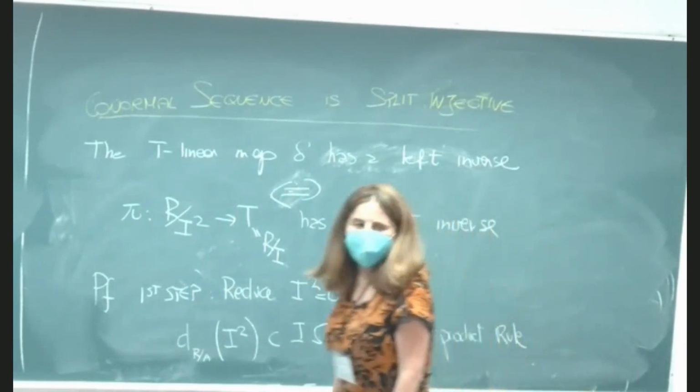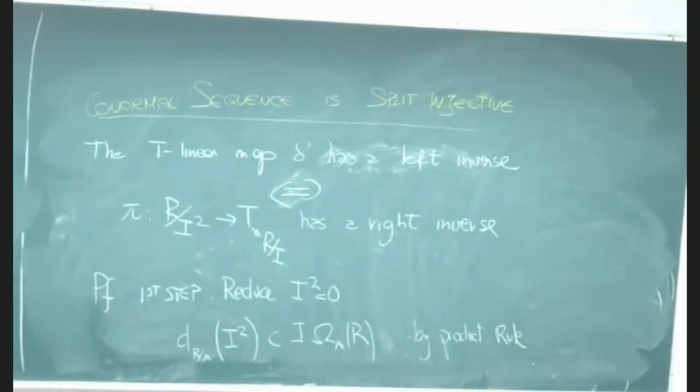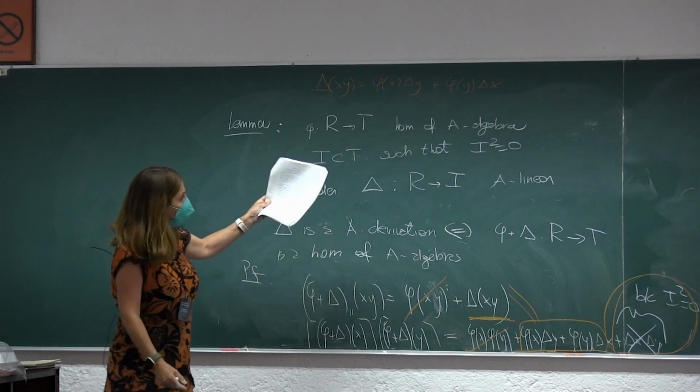I want to go to I square equals 0, so I want to call this ring R over I square. Okay, so let's try to see what's happened. I have to erase something, but I don't know what to erase. I erase the proof of this. You remember that this is the derivation.